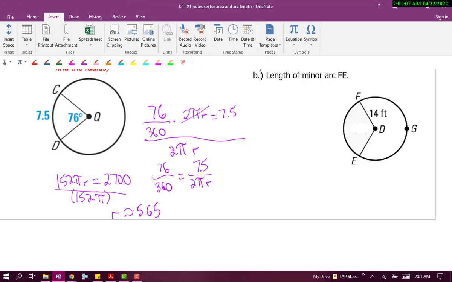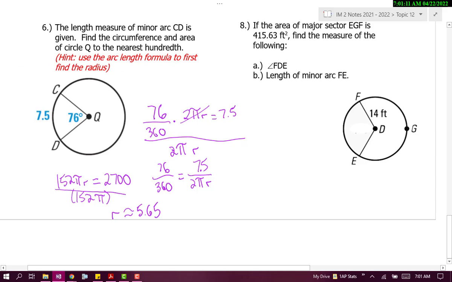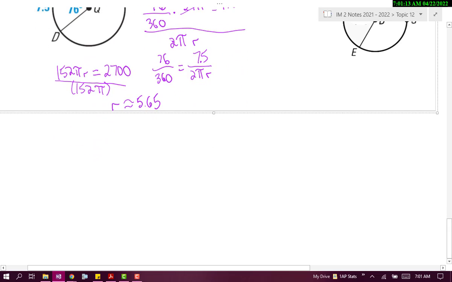But that's not what the question asked. The question asked for the circumference and the area of our circle. So of course we've got to bust out those formulas: 2 pi r, and pi r squared. With our radius being 5.65, we just plug that in to both formulas.